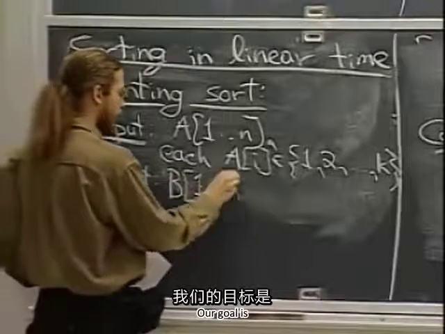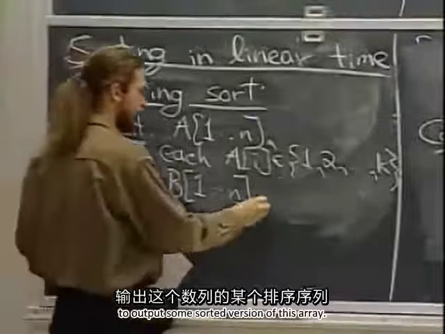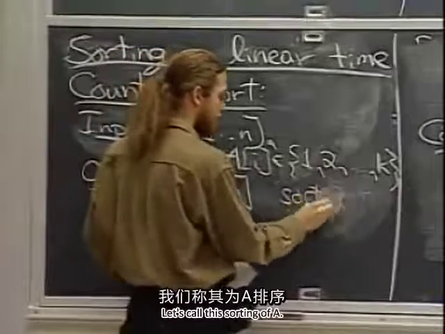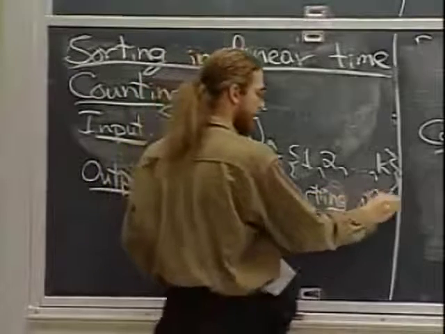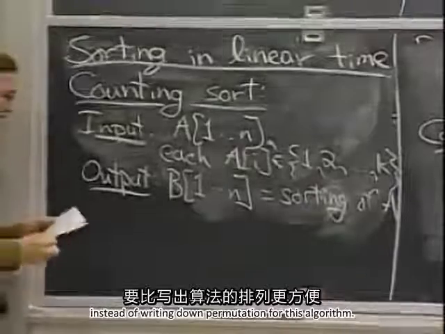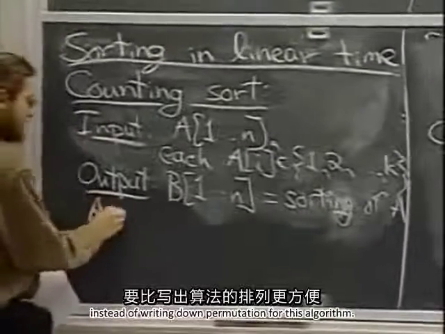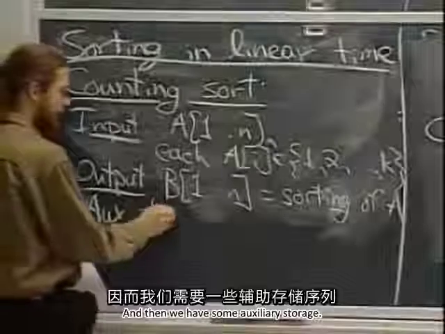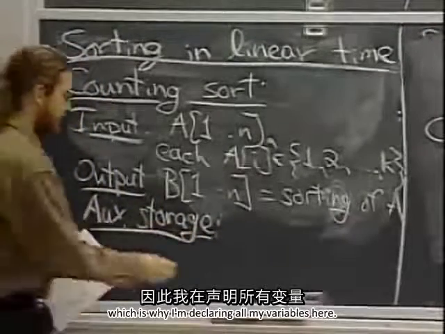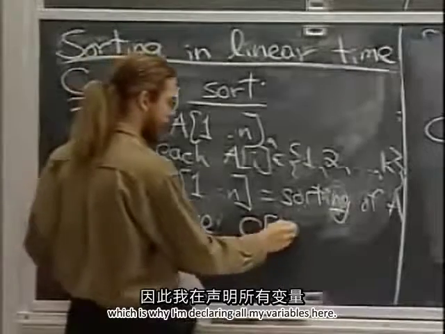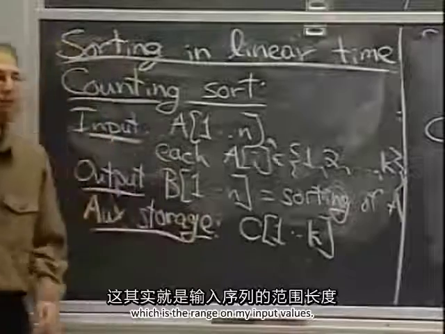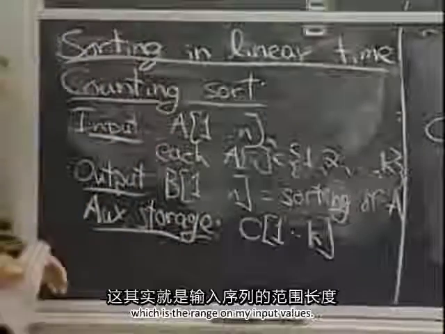Our goal is to output some sorted version of this array. Let's call this sorting of A. It's going to be easier to write down the output directly instead of writing down a permutation for this algorithm. And then we have some auxiliary storage. I'm about to write down the pseudocode, which is why I'm declaring all my variables here. The auxiliary storage will have length k, which is the range on my input values.